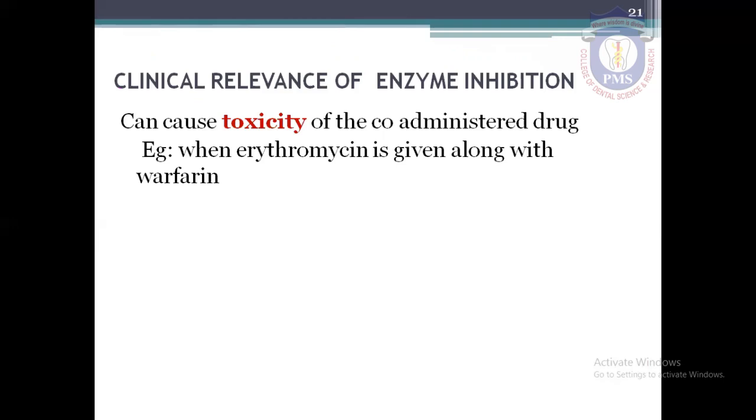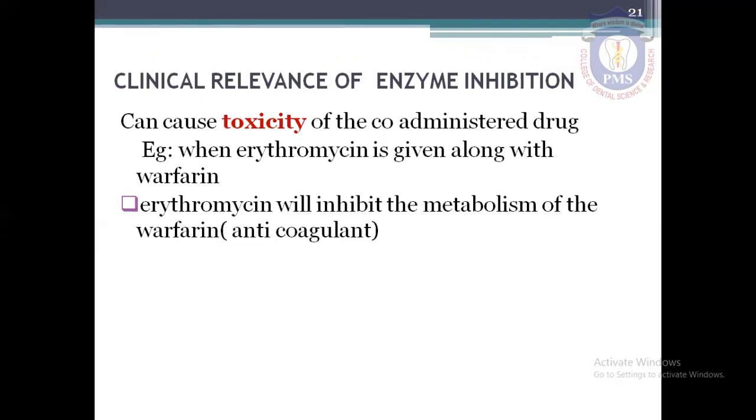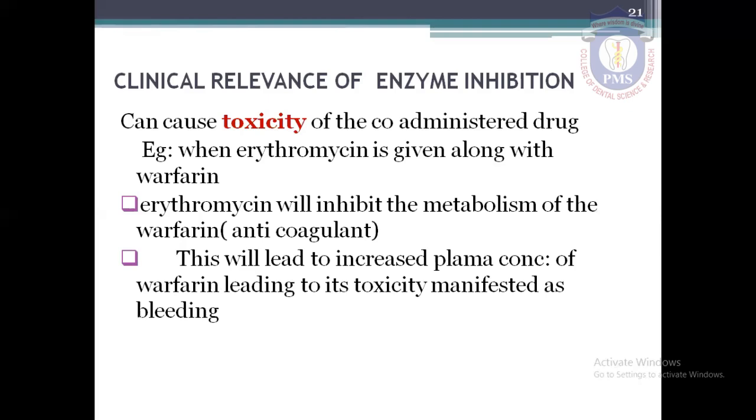Example, when erythromycin is given along with warfarin, warfarin metabolism is reduced in the presence of erythromycin. This will lead to increased plasma concentration of warfarin and toxic manifestations such as bleeding.